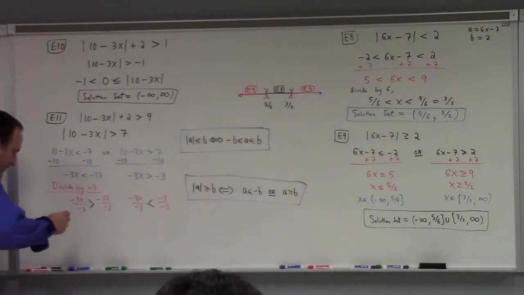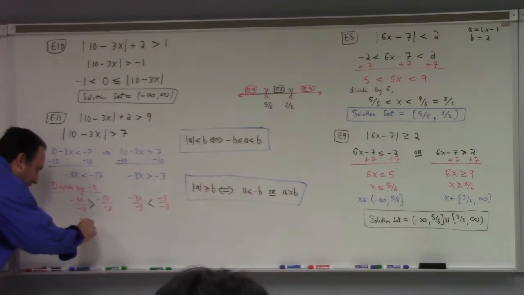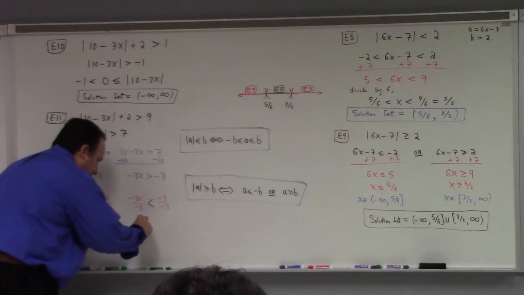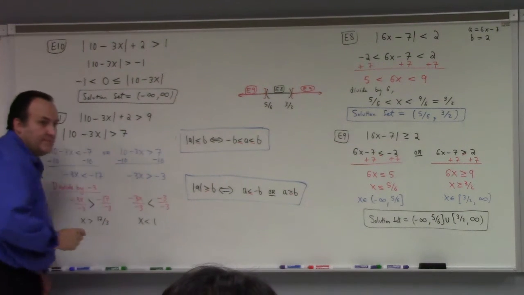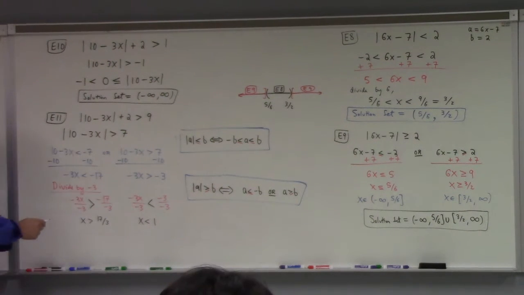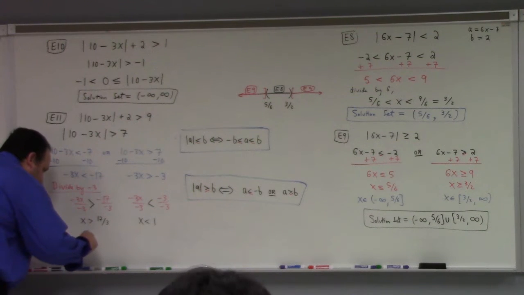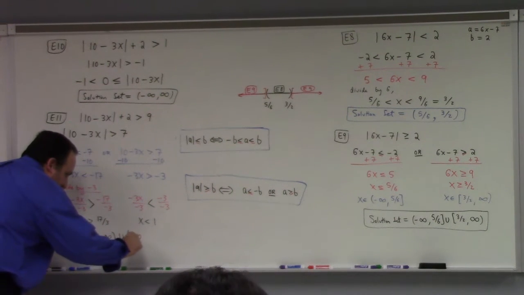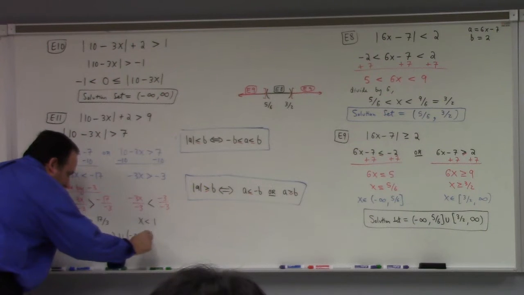With that, now we have x is greater than 17 over 3, or x is less than 1. And so our solution set is 17 over 3 to infinity, unioned with minus infinity all the way to 1.